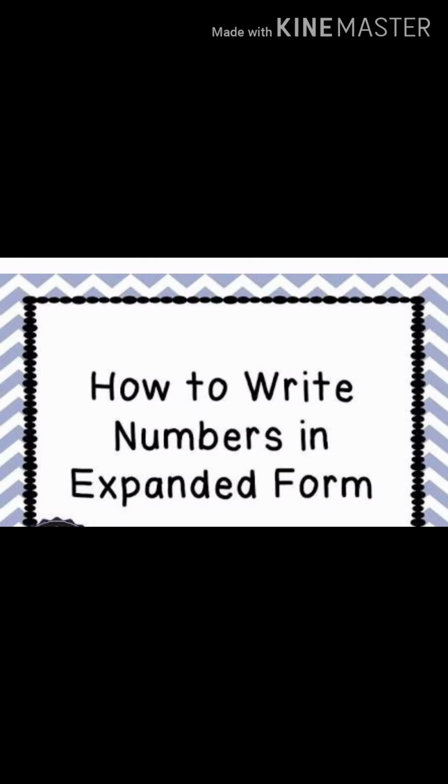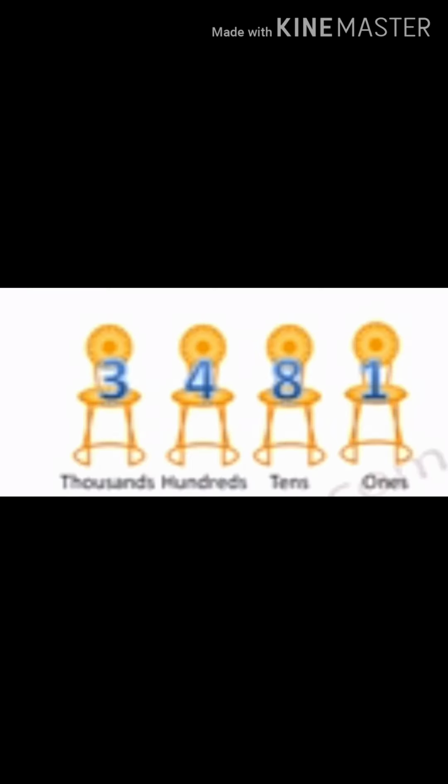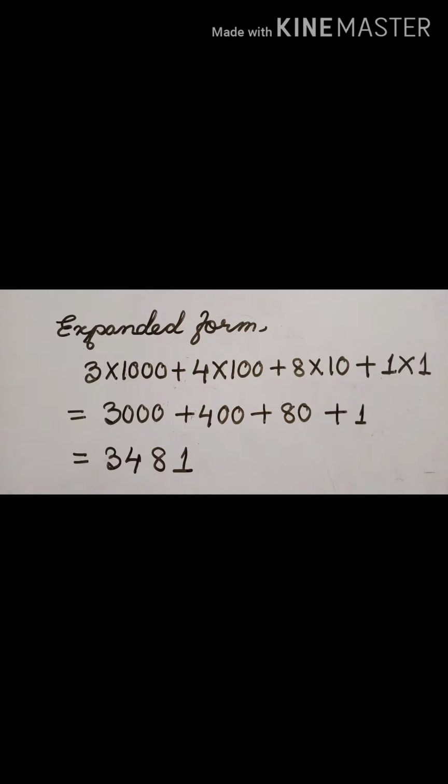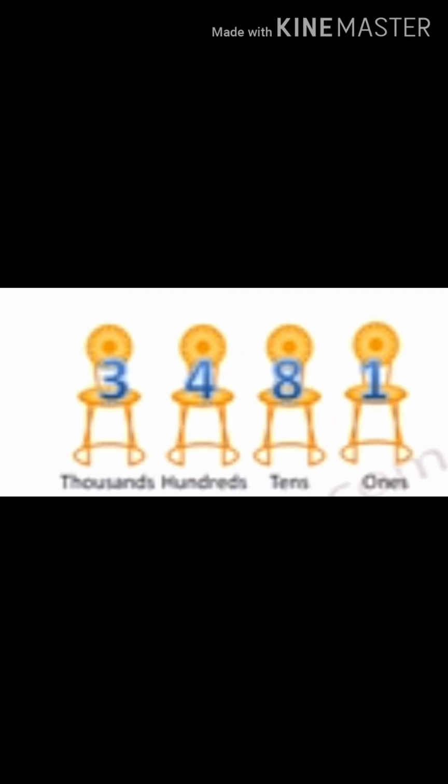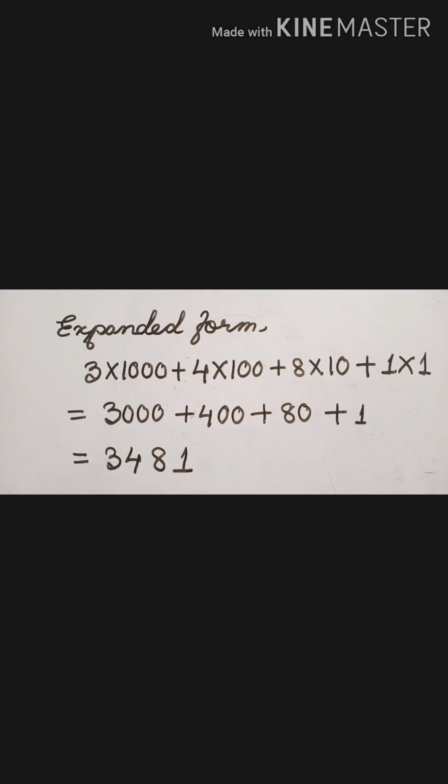When I ask you to expand this number, you see 3 is sitting in the thousands place. What do we mean by sitting in the thousands place? That means the value of 3 is not 3, it is 3 into 1000. Now 4 is sitting in the hundreds place, so the value of 4 is not 4, it is 4 into 100.